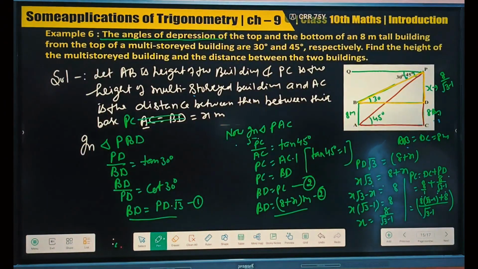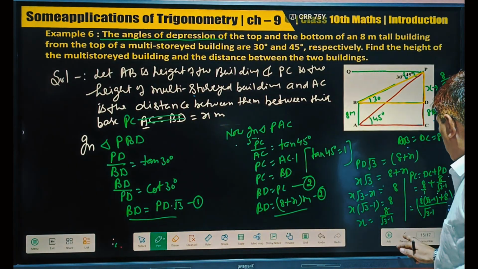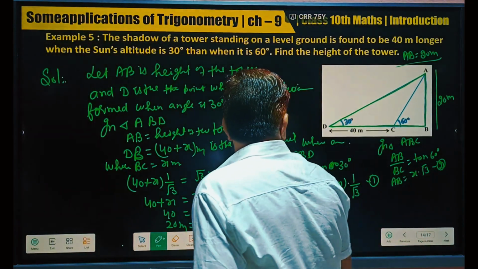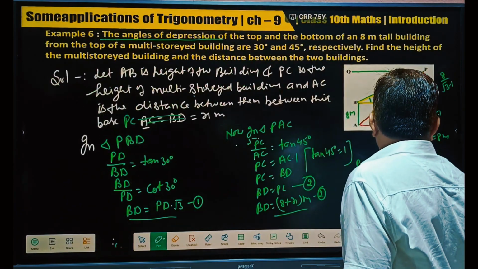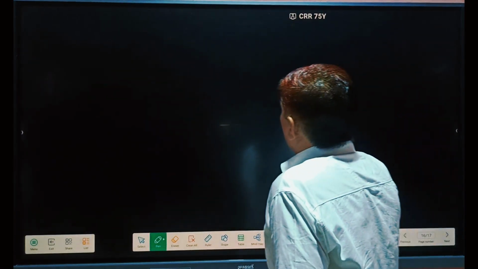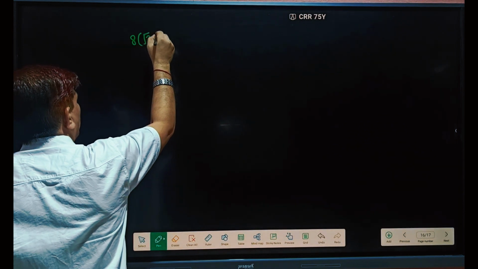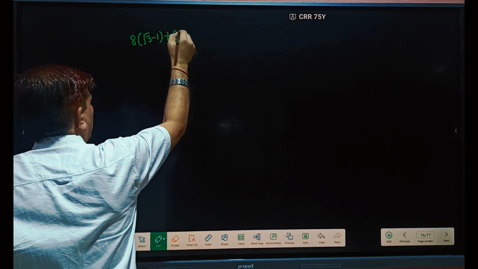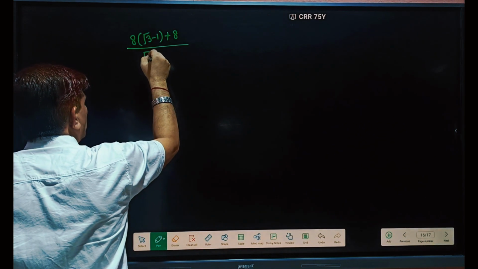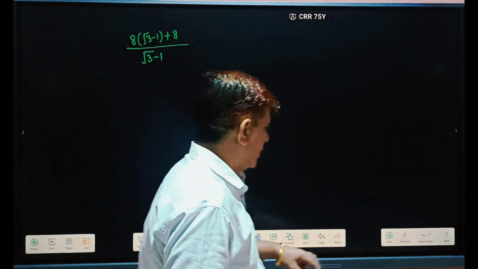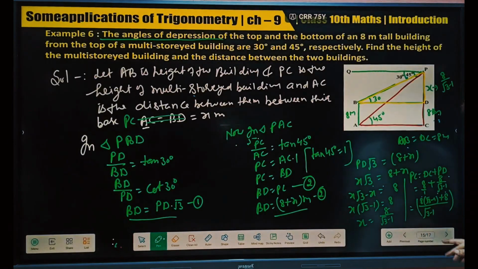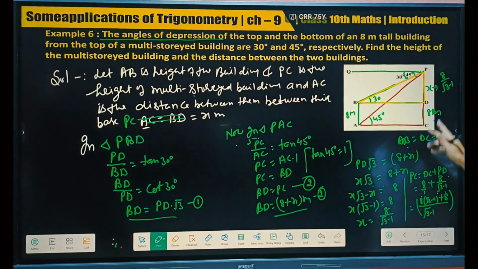So this is coming 8 into under root 3 minus 1 plus 8 by under root 3 minus 1. Look one time here. What is this? PC.